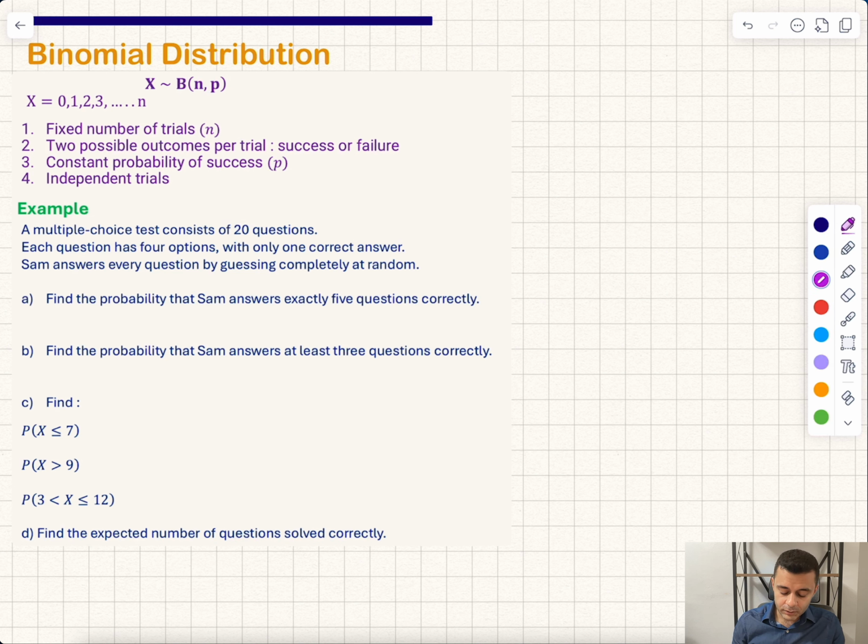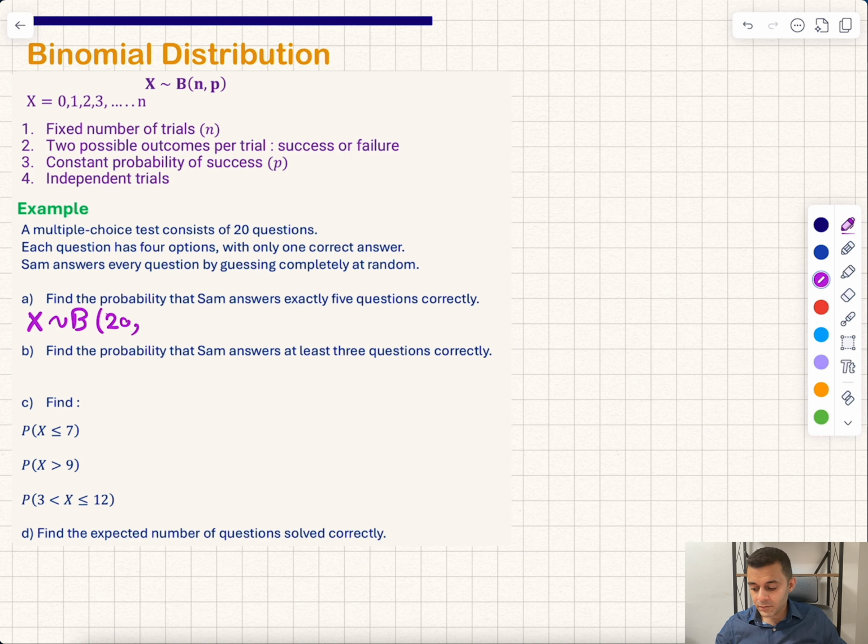So to do the entire question here, first we will define a random variable x that represents the number of the questions done correctly. So here x belongs to binomial distribution. Here n will be the total number of trials, which is here the total number of questions, 20.